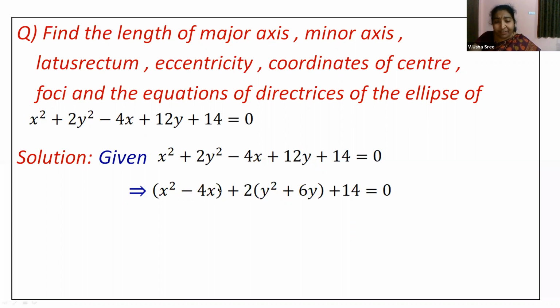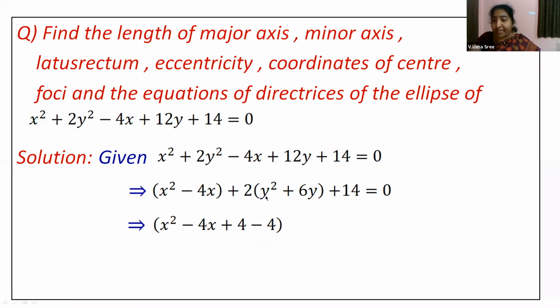Now, what is that we need to add here? If I add 4, then it becomes x minus 2 whole square. When I add 4, I need to subtract. So in the first bracket, we will add and subtract 4, so that we can write it in the standard form. Okay. And similarly, y square plus 6y.